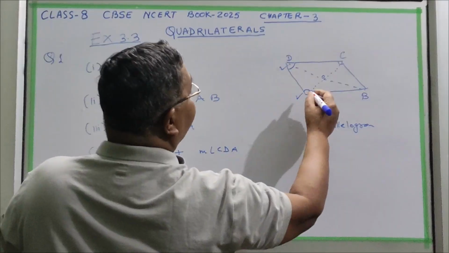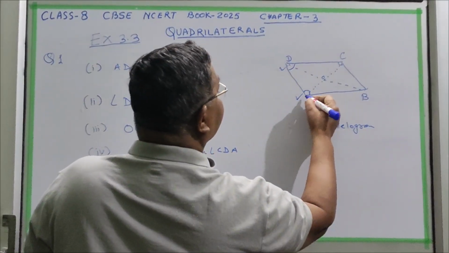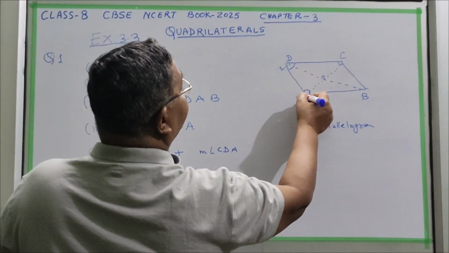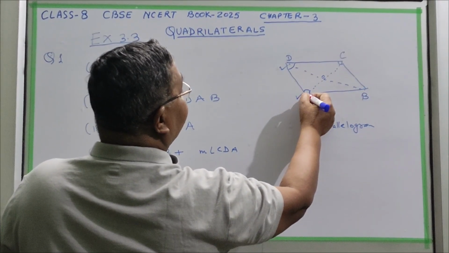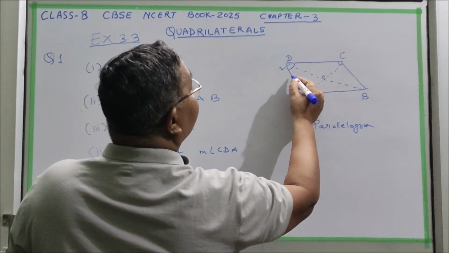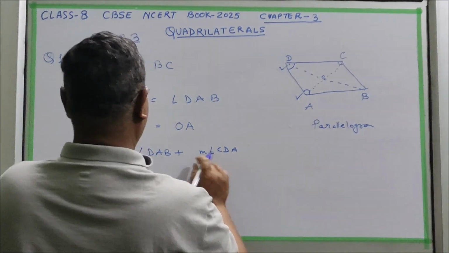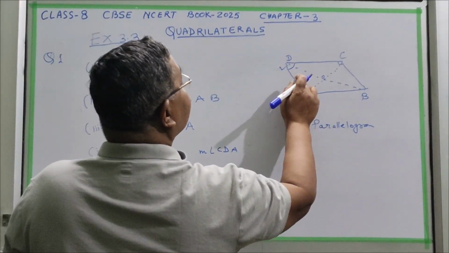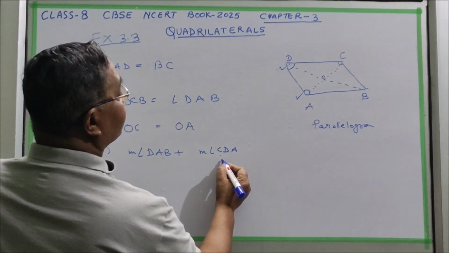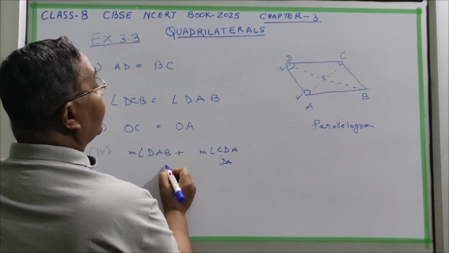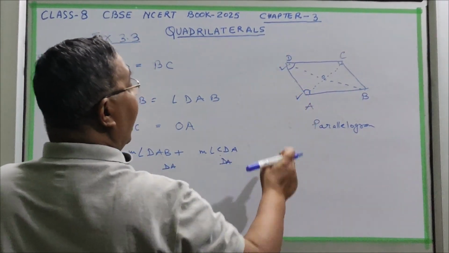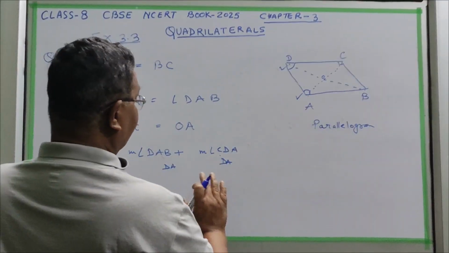Another thing you can say is that CDA is made from a line, and from the same line another angle is made, DAB. So the common line here is DA.